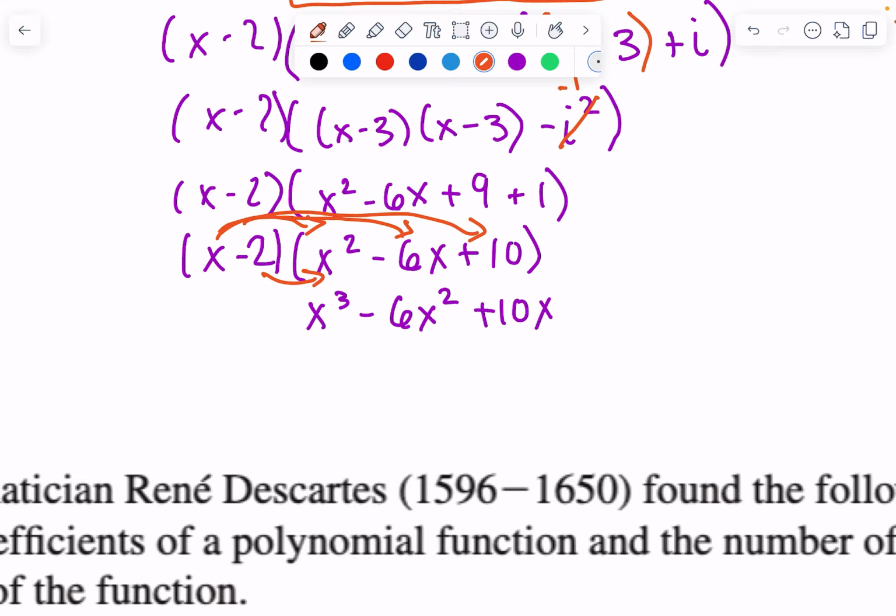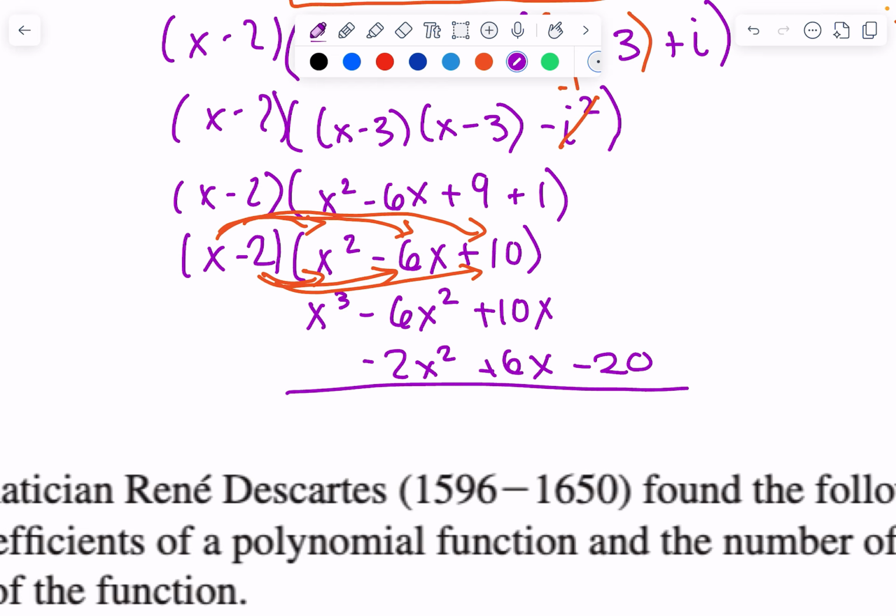And then if I distribute the negative 2 in, I'm going to get negative 2x squared plus 6x minus 20. Combining my like terms, that's what you should get. All right, so hopefully not too bad.